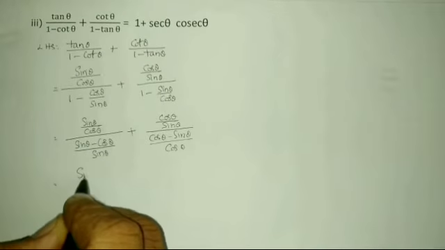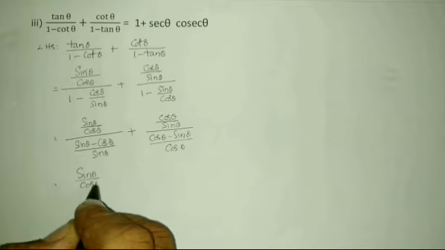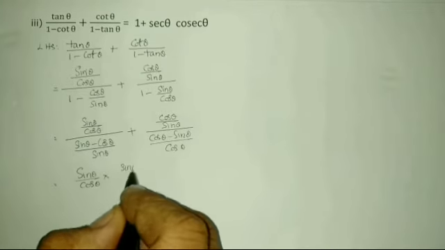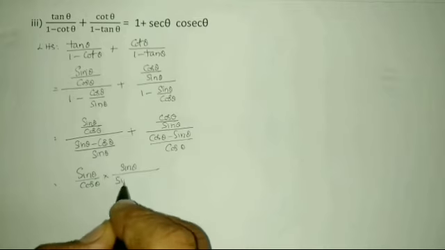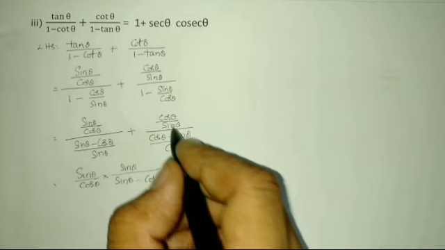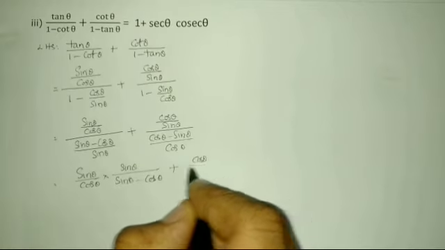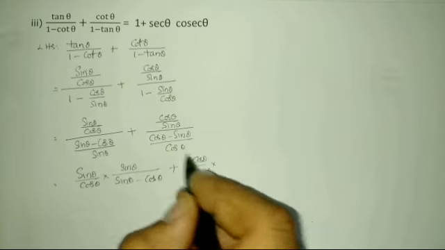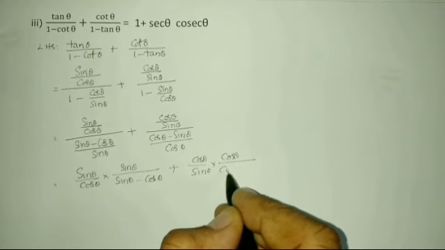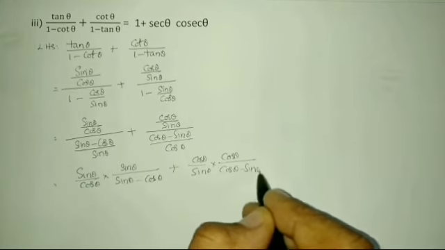Now this can be written as sin theta by cos theta into, write the reciprocal of this, sin theta by sin theta minus cos theta, plus cos theta by sin theta into the reciprocal, cos theta by cos theta minus sin theta.